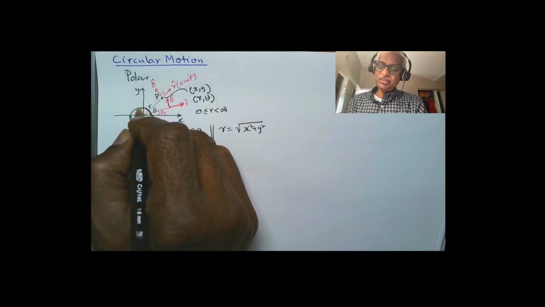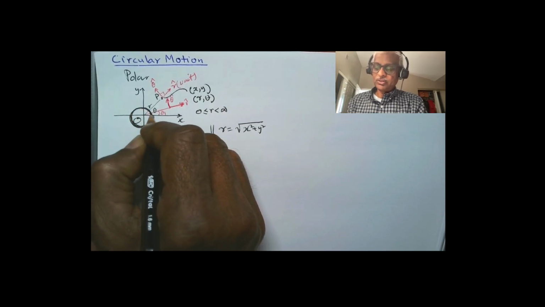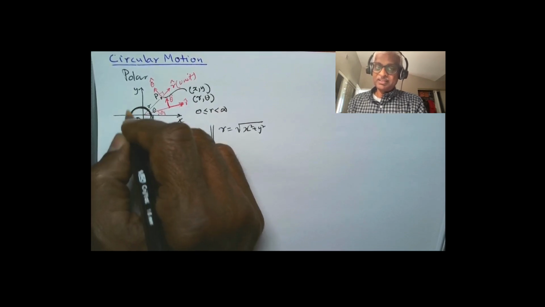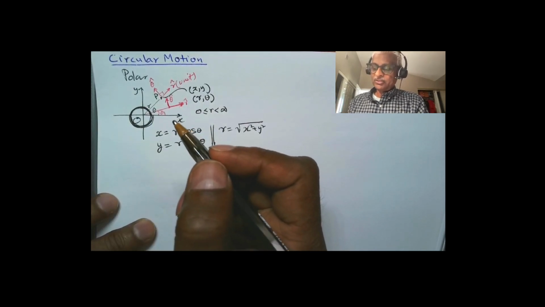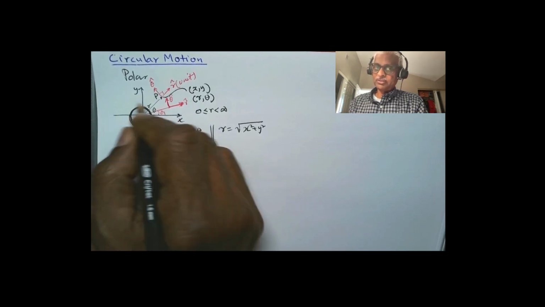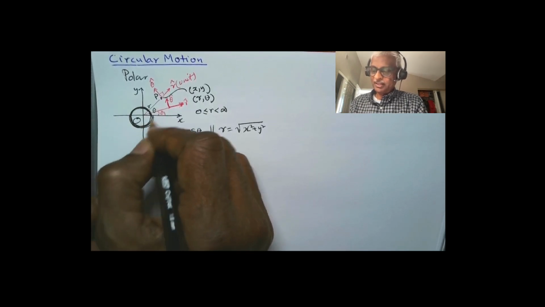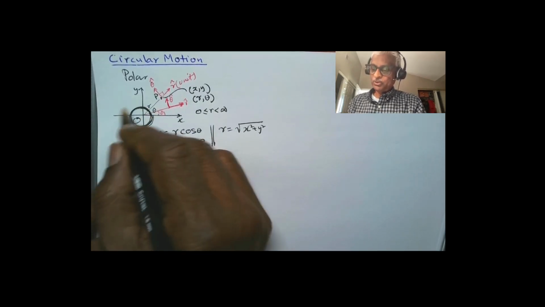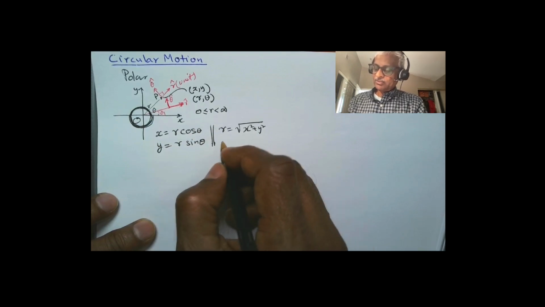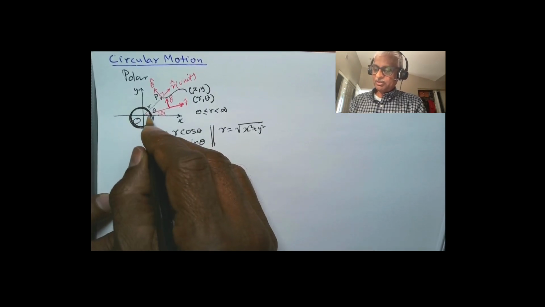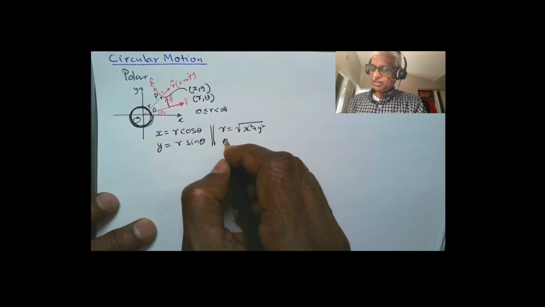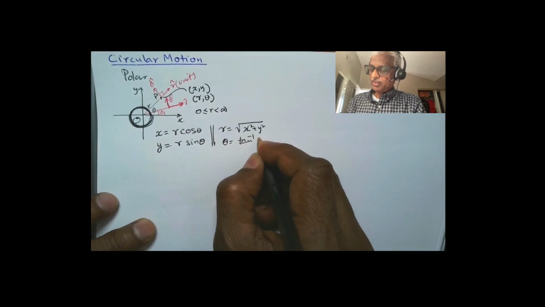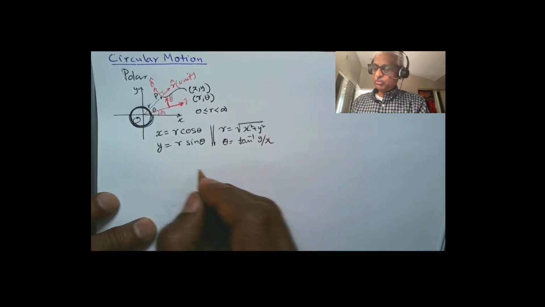But if the object is moving around, theta can actually be from minus infinity to infinity. If you want to know how many cycles it has gone, that information will be in theta, so you can have theta accumulate even beyond 2 pi, and the primary value of theta between 0 and 2 pi is obtained from the ratio of y and x. I assume you know this.